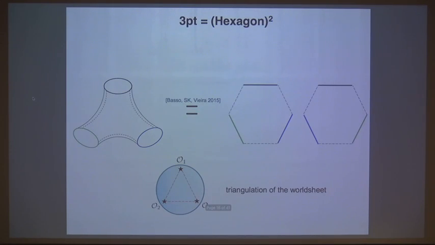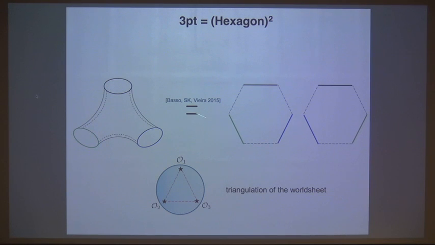So the key idea which allowed us to do the computation is to decompose the 3-point function into more fundamental objects called hexagons. More precisely, what we do is to take this pair of bands and cut it along those dashed lines and decompose it into 2 hexagonal patches.